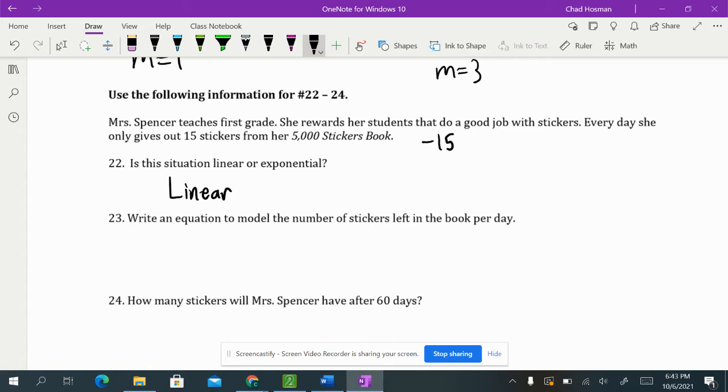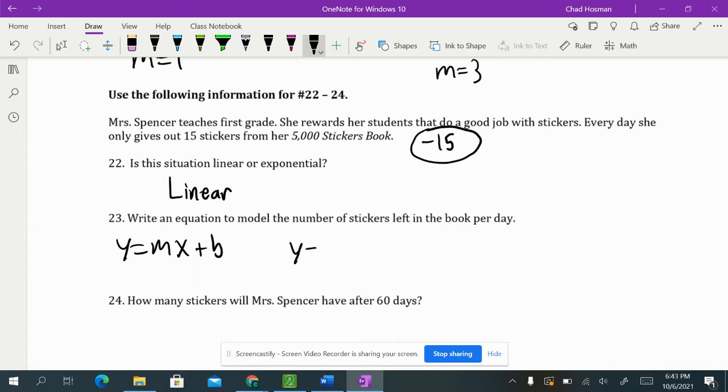All right, so write an equation to model the number of stickers left in the book per day. Since we're using linear equations, we can use y equals mx plus b, where m is our rate of change and b is our starting value. Since our rate of change, we already found it here. It's going down by 15 every day.